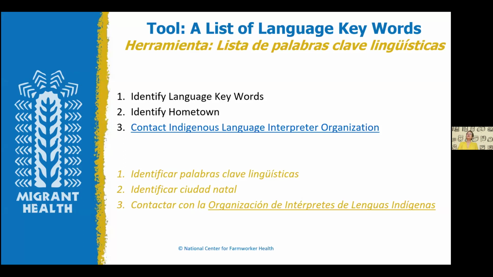The first one would be to identify the language keyword and document it, right? Because you're going to be using the language and document the hometown. And then you're going to be contacting the Indigenous Language Interpreter Organization. And do you have that directory open, Alex, to show folks?